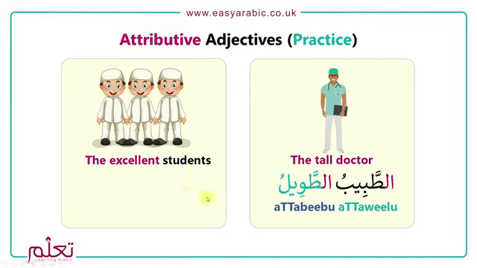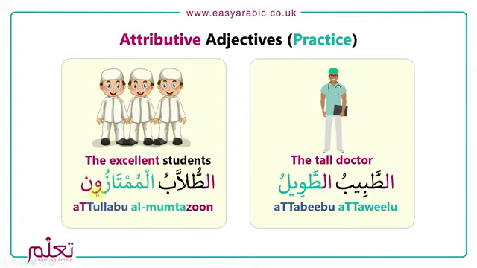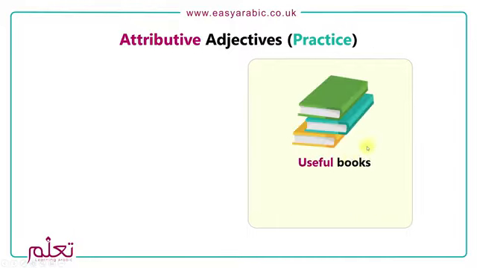So student is talib, students is plural is طلاب. So it'll be الطلاب الممتازون. Okay, so this is the rule for plural. Yeah, واو نون at the end. So we still do the prefix here, الممتازون. So الطلاب الممتازون.